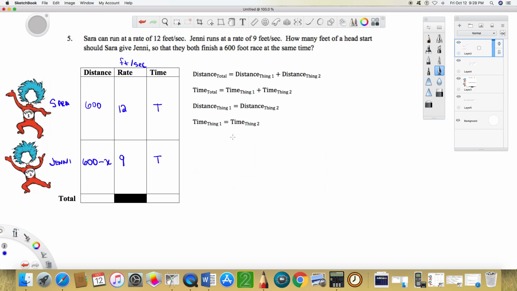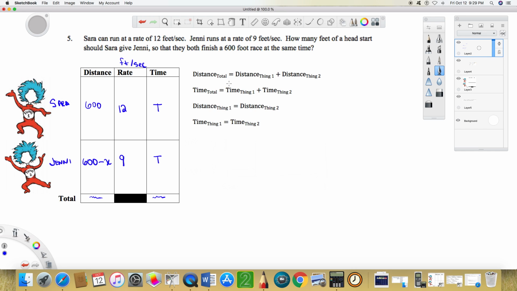All right, so there's no information given about a total. If we add these up, we've got 1200 minus x, but to me it doesn't make sense to look at a total distance. And since you're running at the same time simultaneously, I don't think it makes sense to look at the total time.